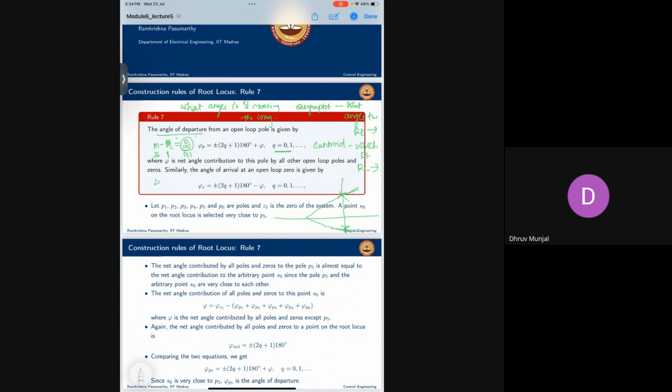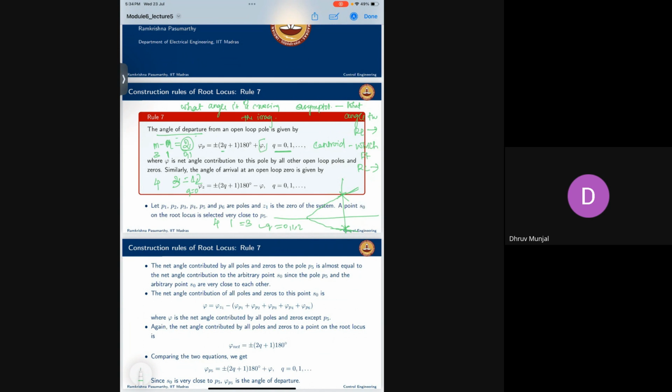If you have 4 poles and 3 zeros, the difference is 1, so Q will be 0 alone. This tells the number of Q you have to put here. If you have 4 poles and 1 zero, the difference is 3, then Q will be 0, 1, 2. Likewise, you have to choose Q.